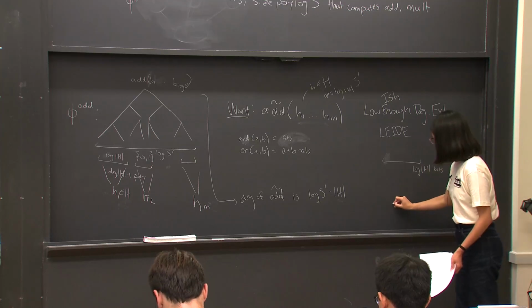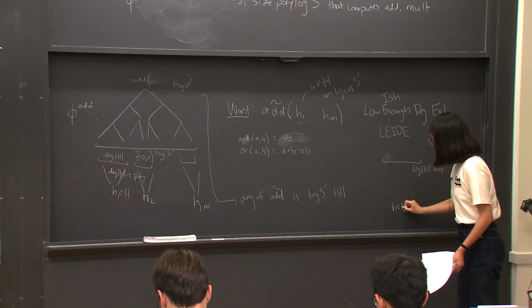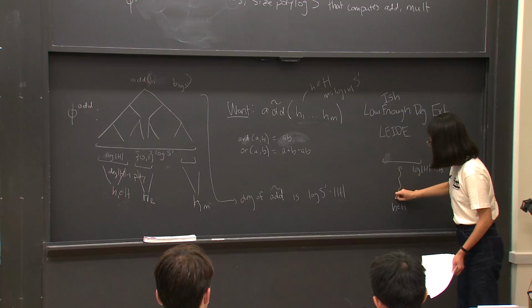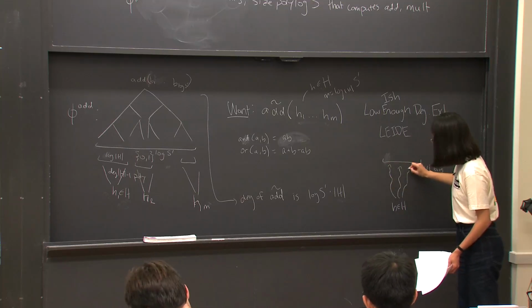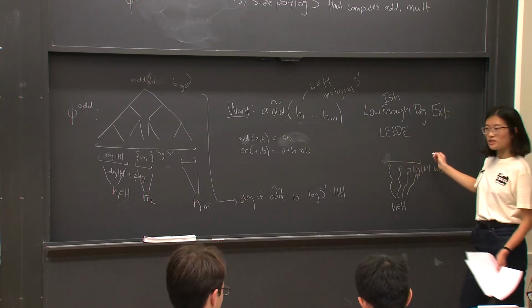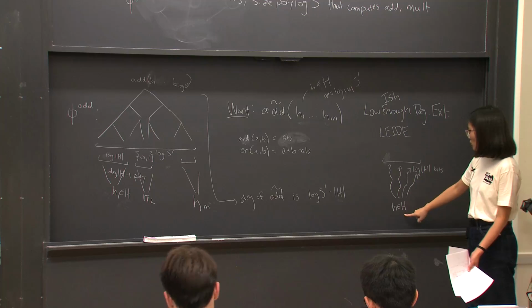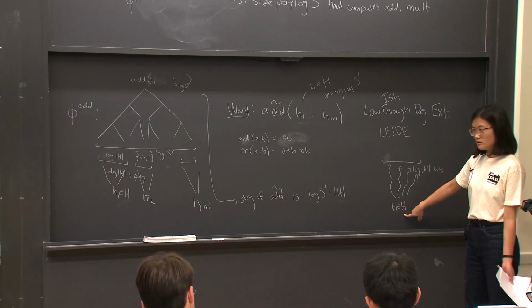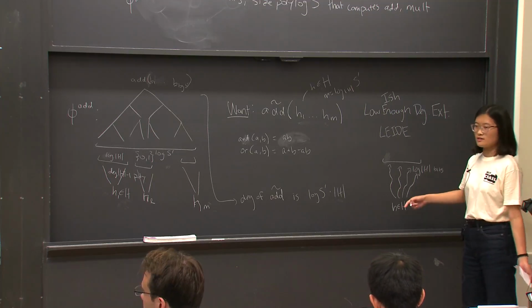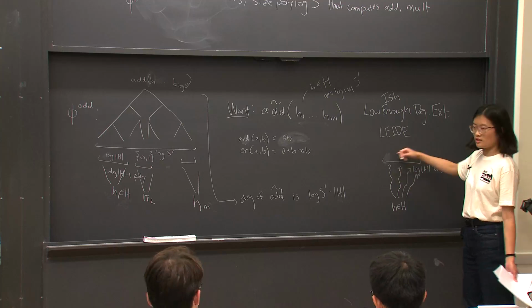The idea is we're going to take some h and map it here to log h many different bits. One way you can do this is to write it in binary. So maybe h here is of size 8, and this would correspond to a binary string.